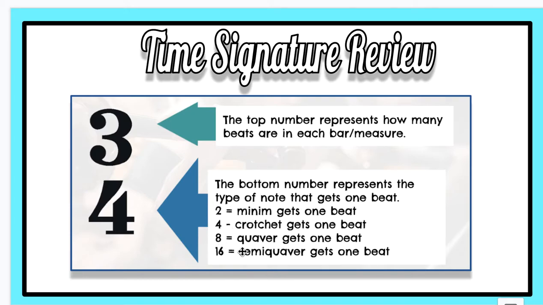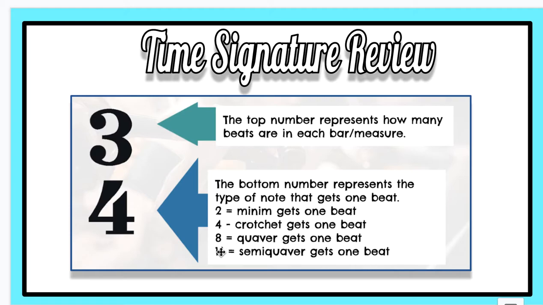The bottom number, if it's a 2, represents a minim or half note which gets 1 beat. If the bottom number is a 4, it represents a crotchet or quarter note which gets 1 beat. If the bottom number is an 8, it represents a quaver or 8th note that gets 1 beat.